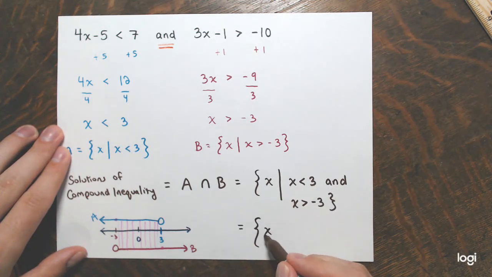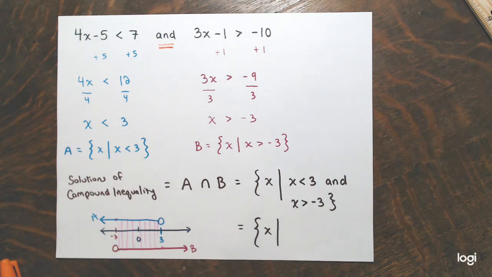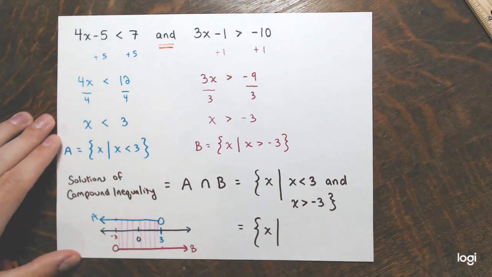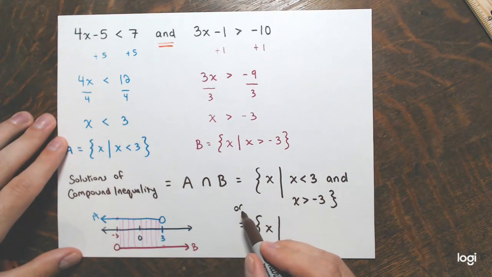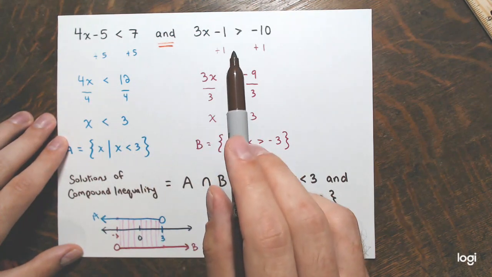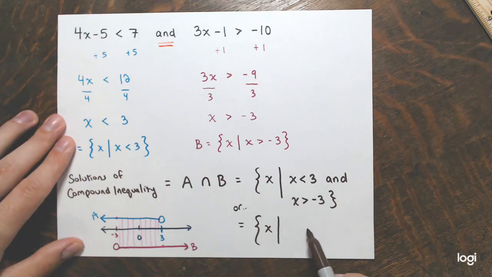But another way I could write this, and I'll make a video after this as well, going into this in more detail. But if I have an overlap where I'm between two numbers, another way to write between two numbers is to connect two inequalities. So I could also say A intersect B, or the solutions of this inequality are all the values between negative 3 and positive 3.